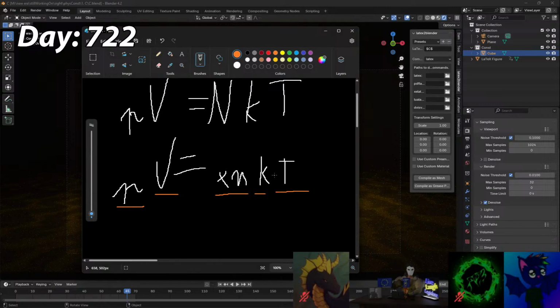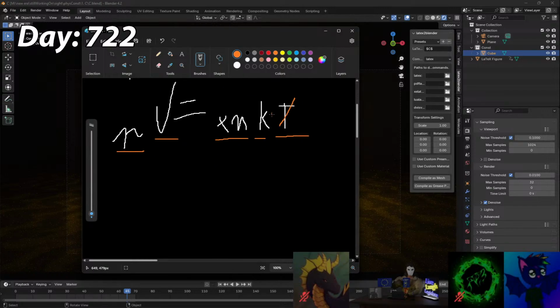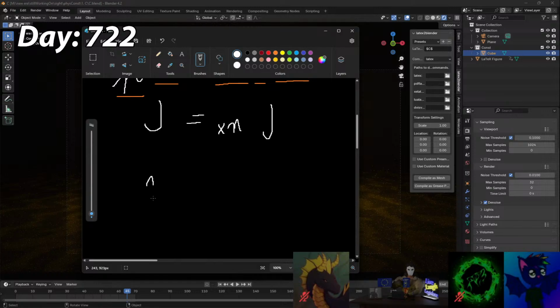And Boltzmann constant is joules divided by temperature, if I'm not mistaken, which means that if you multiply both these together, you can cancel out the temperature and get just joules, which means moles times joules is equal to pressure times volume. That's a bit more confusing, but it does result in a joule, which means joule is equal to this, and if you cancel both sides, you get 1 is equal to xn, which means that the dimension of the mole is equal to no dimension at all.